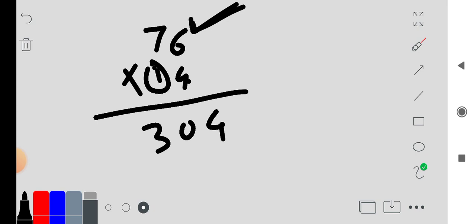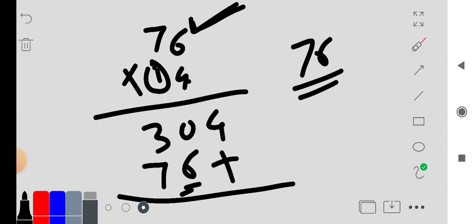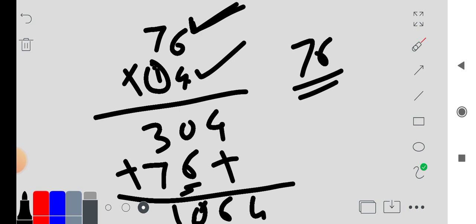We multiply multiplicand by tens digit. So 76 into 1 is nothing but 76, and these are nothing but number of tens. So we write it from tens place. And now all digits in multiplier are over, so we just add all these partial products, that is 4, 6 and 7 plus 3, 10. So 1064 is our answer.